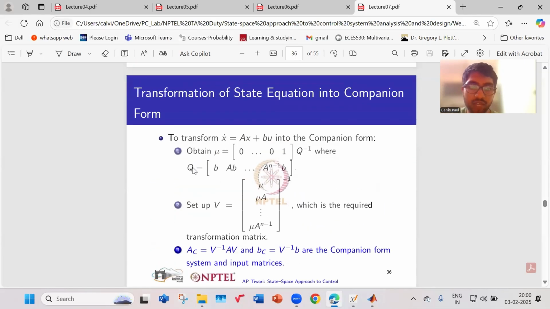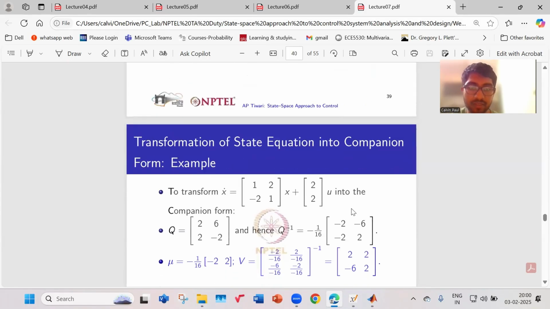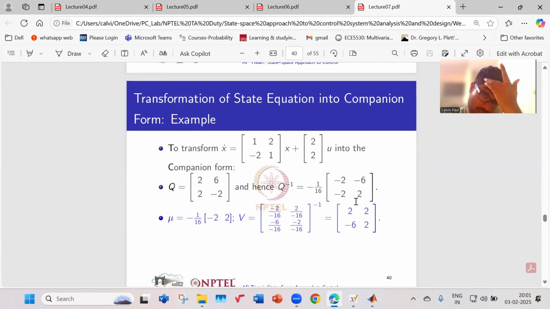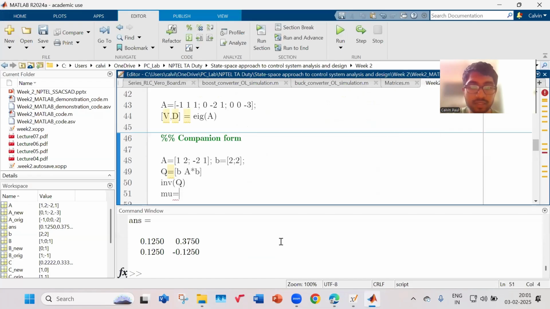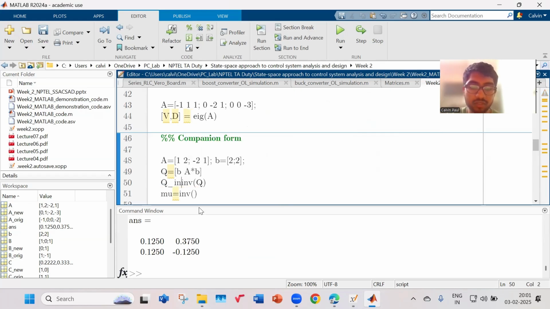Now what is the step? We have to find V. V is mu and mu A, right? So which mu must we take? Mu is taken as the second row of the inverse of Q. Let us store it as the value Q inverse, and take its second row, both the columns.